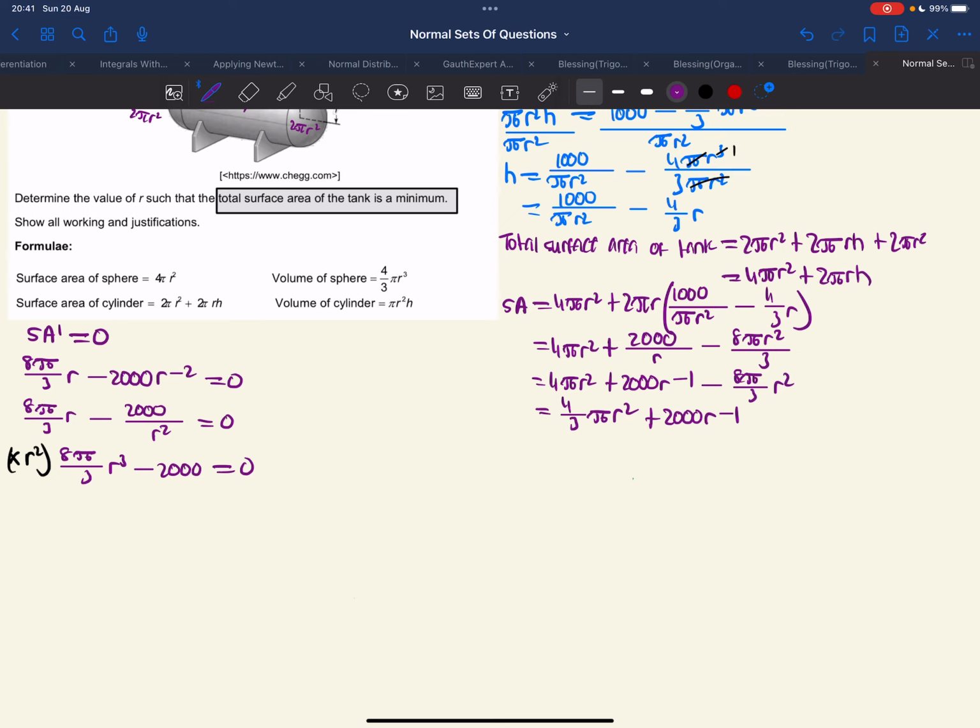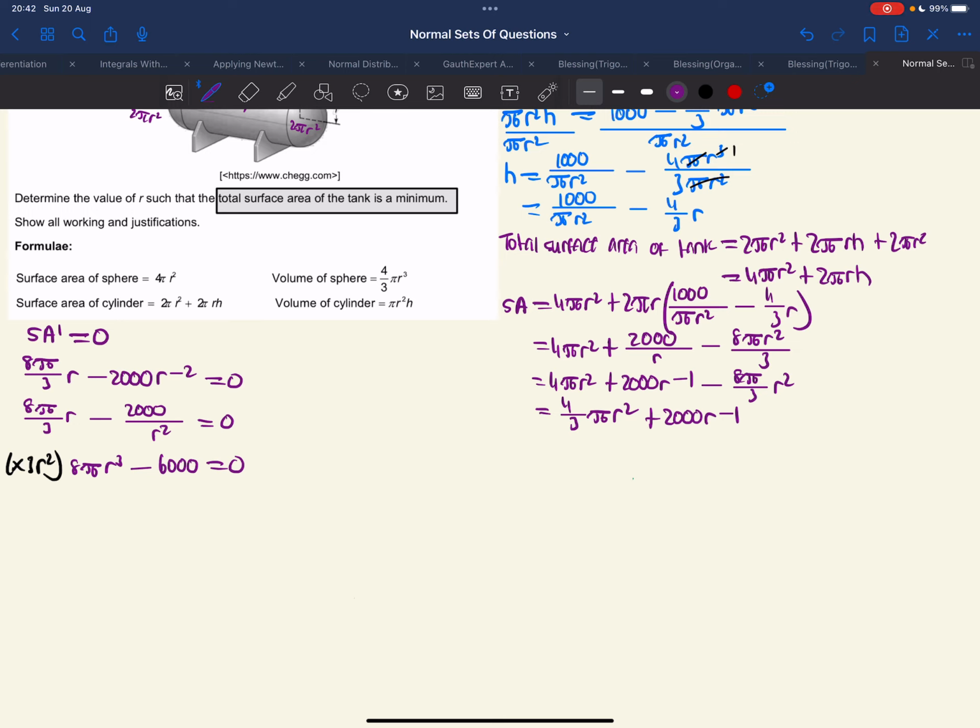All right, and after doing that, let's make things much easier. We could have multiplied everything by 3, then it was going to be 8 pi r cubed minus 6000 equals 0. That makes much more sense.